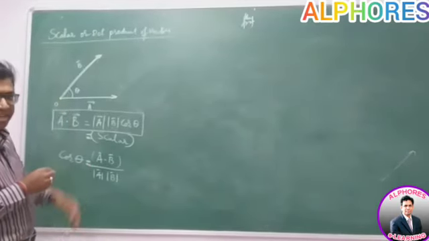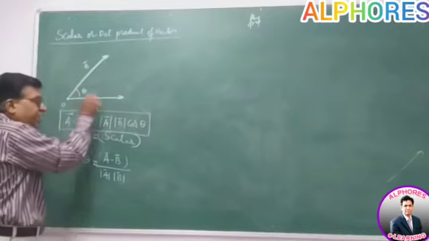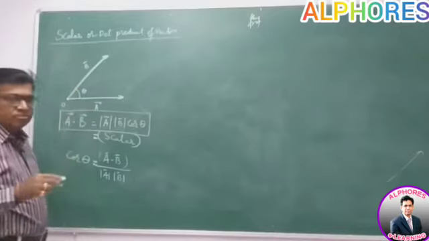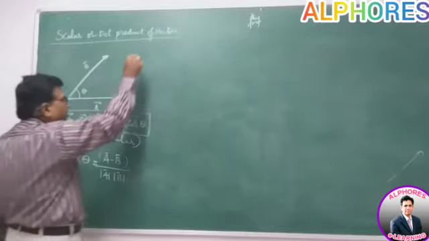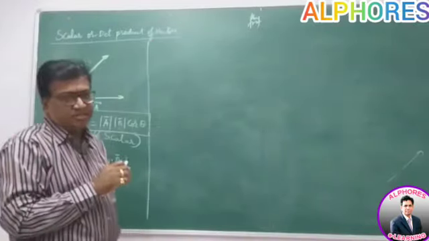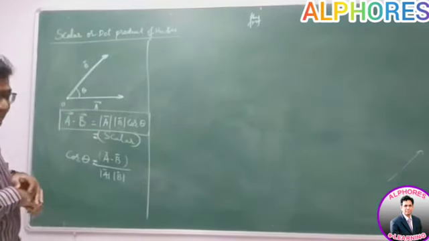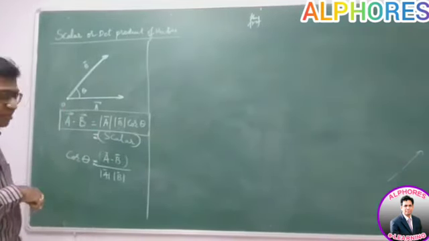You can find the component of one with respect to the other: the component of B along A, the component of A along B. So this way, the dot product of two vectors is useful to find the components and even the angle between the vectors. So, A dot B is equal to mod A mod B cos theta.